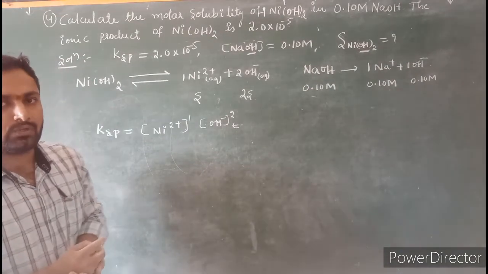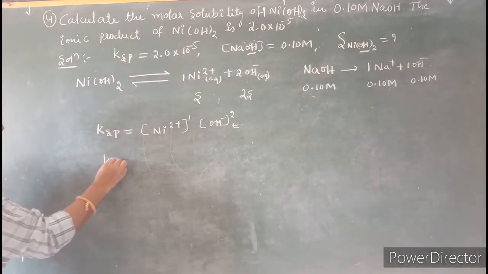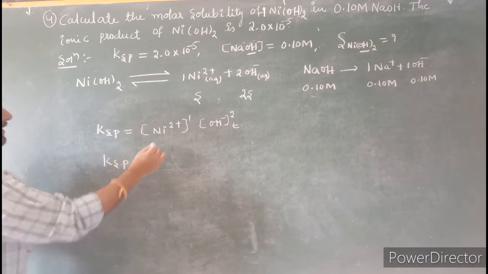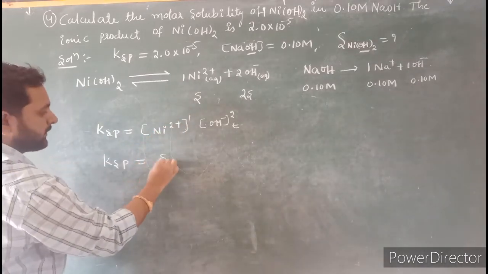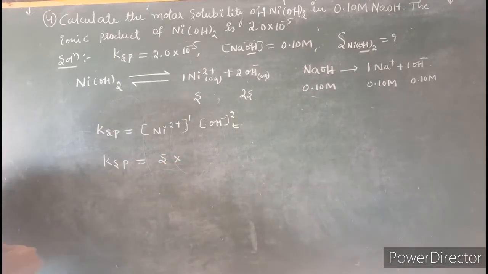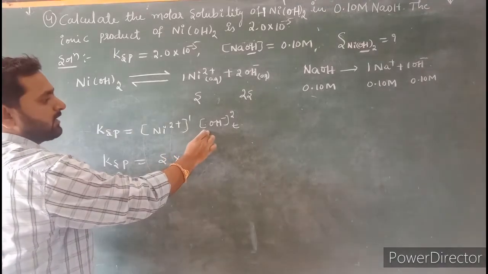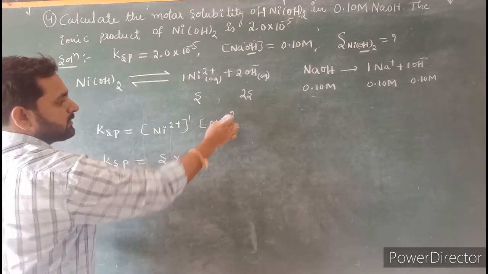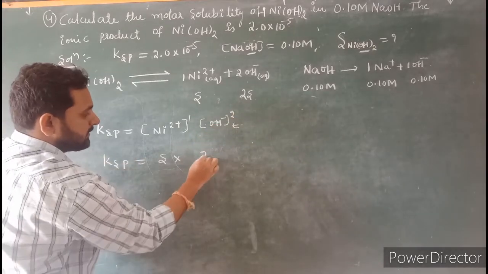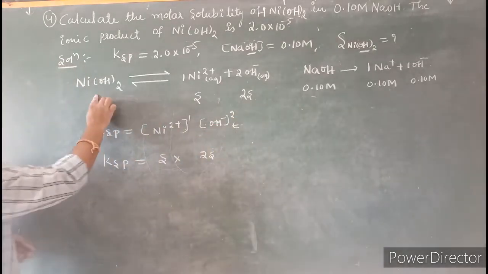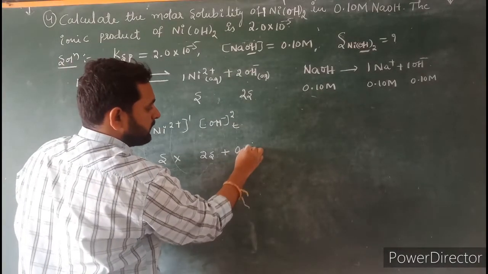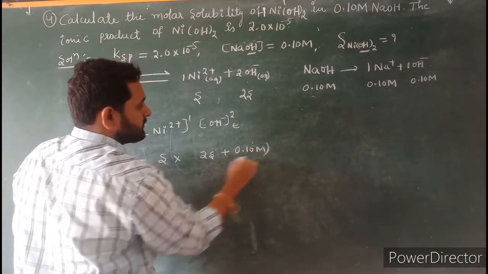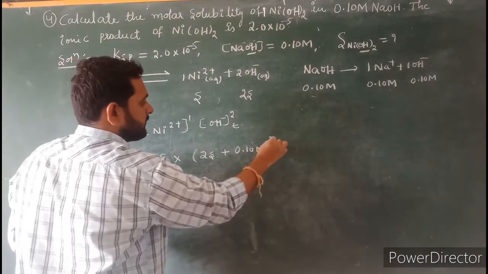Now Ksp is equal to the molar concentration of Ni2+ ion, which is s, into the molar concentration of OH- ion in aqueous solution, whole square: (2s from nickel hydroxide plus 0.10 molarity from sodium hydroxide) whole power 2.